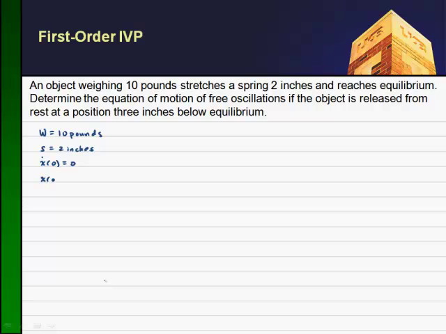So my position at time t equals 0 is 3 inches, and x dot is 0 inches per second, or 0 feet per second. Clearly, in English units, we want to write inches as feet, and the weight in pounds is fine.